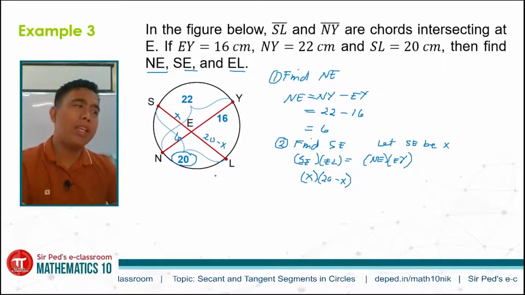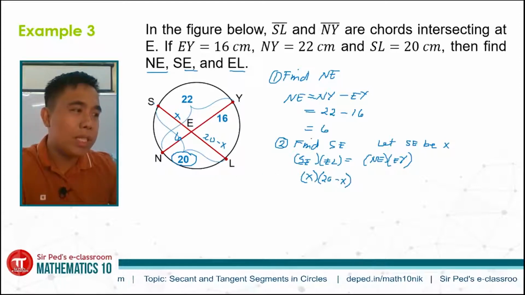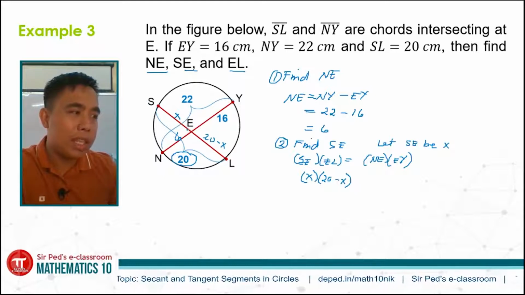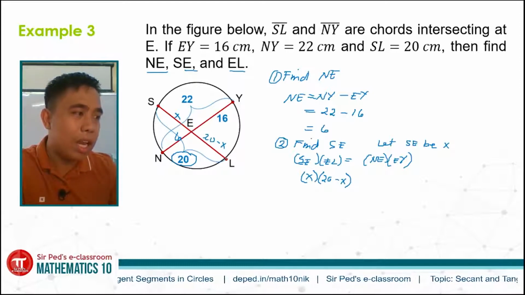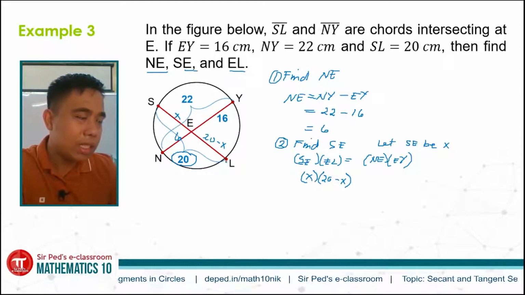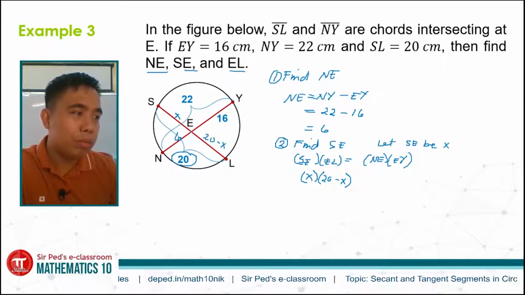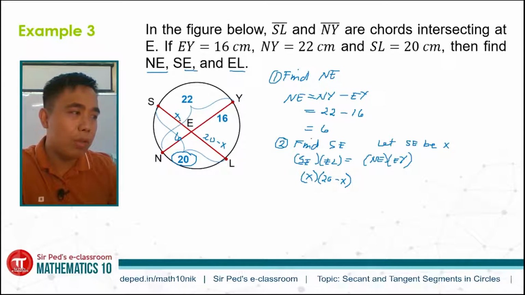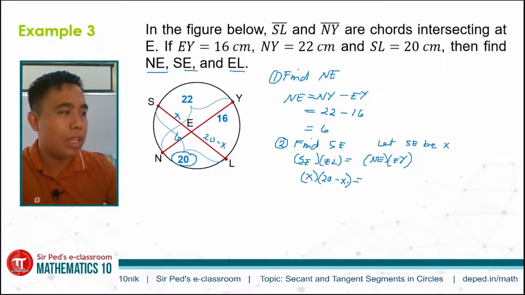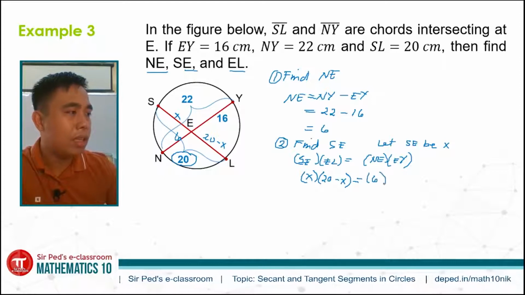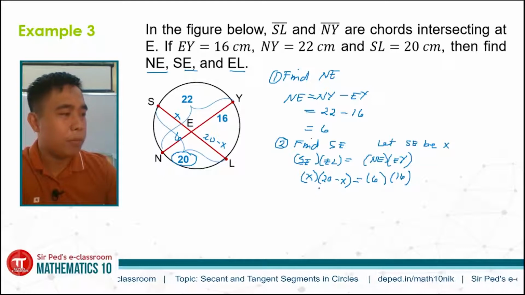Bakit 20 minus X, sir? Kasi nga, we represented SE as X. And the whole of this is 20. So, ang ibig sabihin, ang length ng EL ay the whole of this, 20, minus, alisin mo yung length ni SE, which is X. So, 20 minus X, which is equal to NE, it is 6, times EY, which is equal to 16.